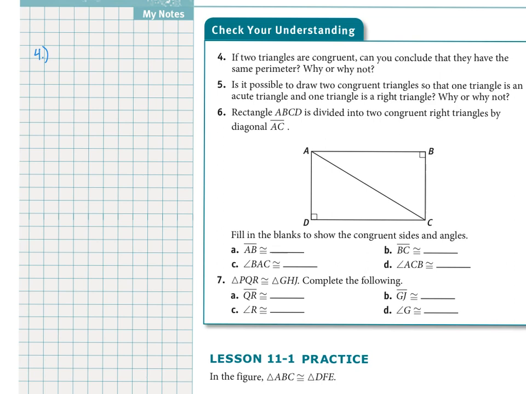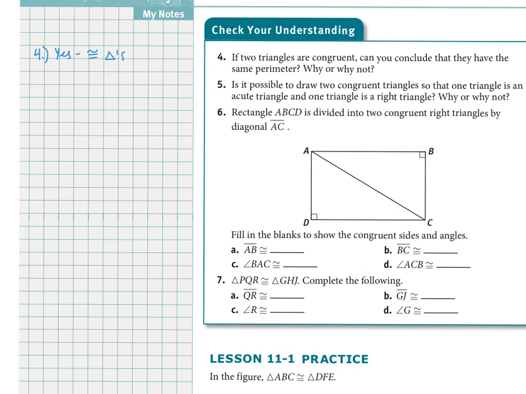Think about what congruent triangles mean. They have the same size and shape, right? So that means congruent triangles have the same side measures, the same lengths. This means that the sum of their side lengths will be the same. So we're going to say yes. And I'm going to use some symbols to help me out.